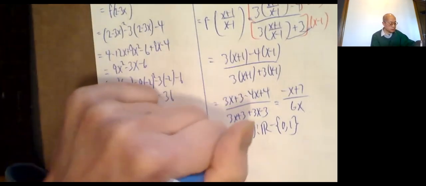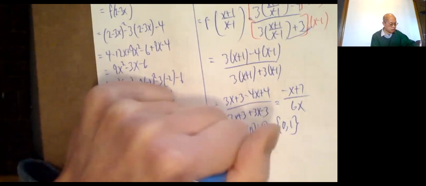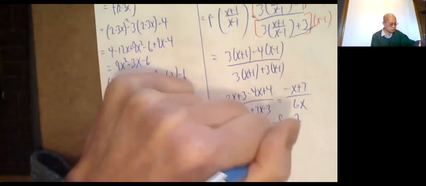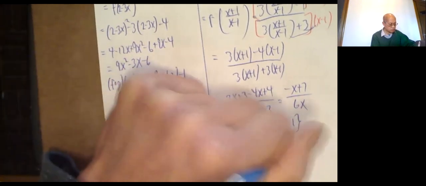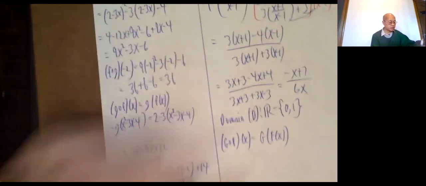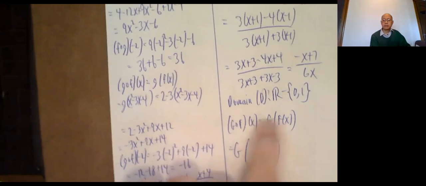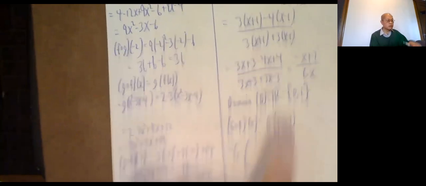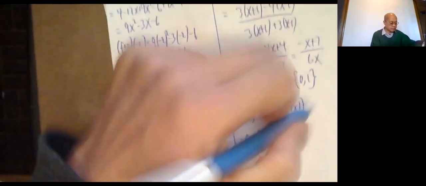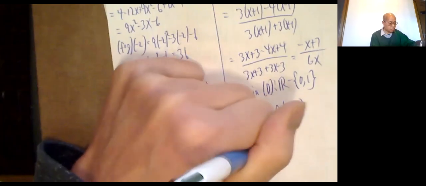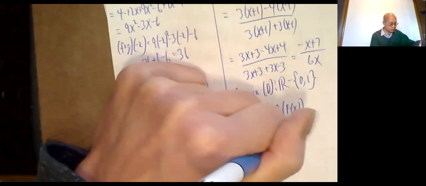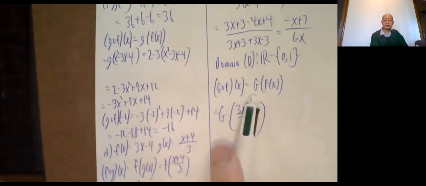Okay, then G circle F. G of f of x. Okay. So replace f of x with what it's equal to, all this stuff. 3x minus 4 over 3x plus 3. And this mess goes there.